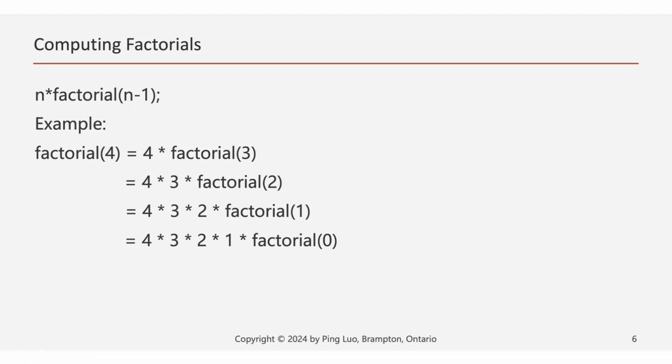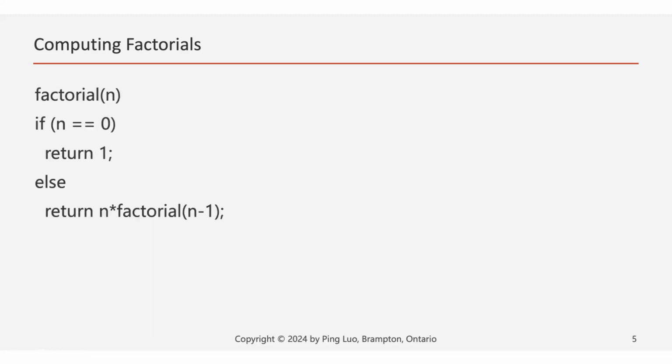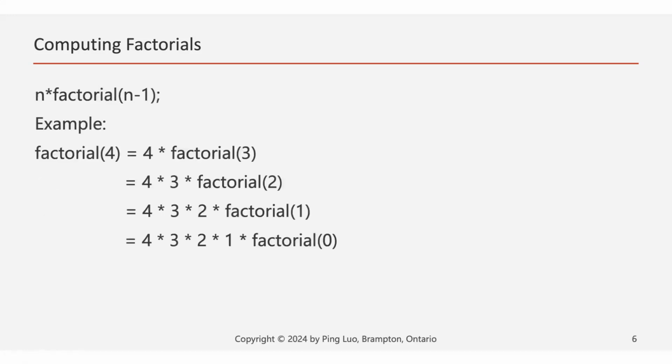Because from the previous, the program will only return when n equals 0. So if it's not 0, the program will just continue and minus 1, like factorial 3 equals 3 multiplied by factorial 2, and factorial 2 equals 2 multiplied by factorial 1, all the way to here. When it reaches this base statement, the program knows, oh, factorial 0 equals 1. Then it can do the calculations for us, all the way back.